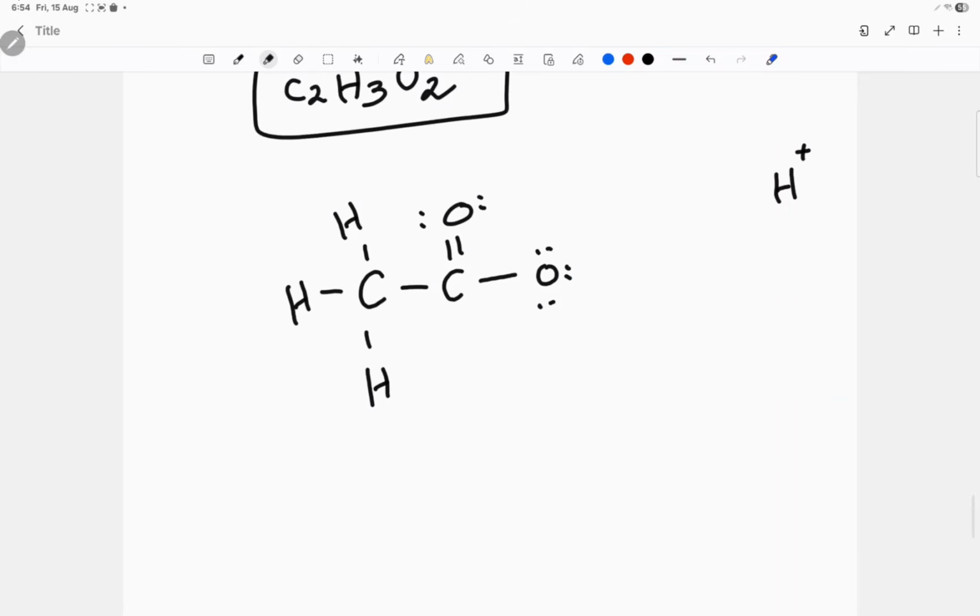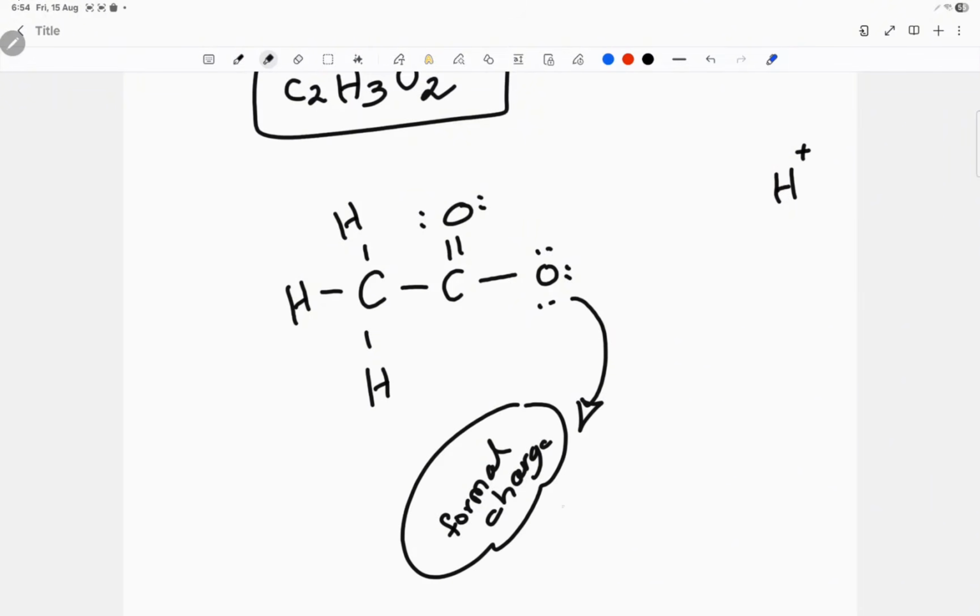Now find me the formal charge of the O. Do you know what that means? You do valence minus dots minus lines. How many valence electrons does O have? 6. And how many dots? 6.